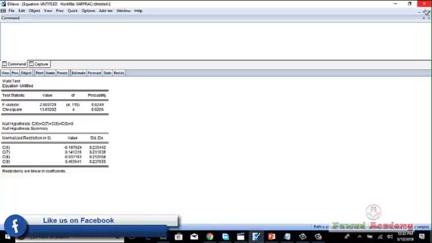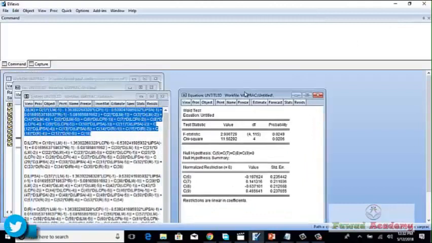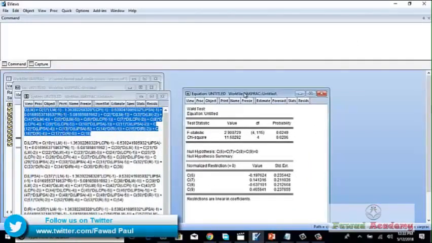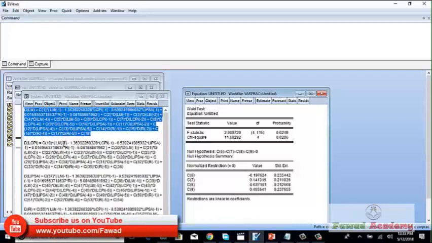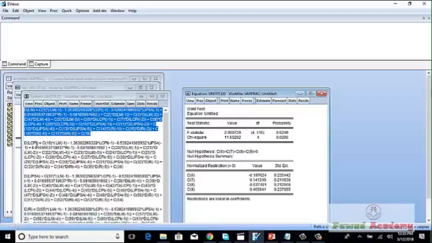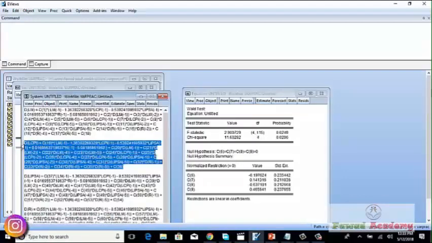The same you can find for the industrial production and for the interest rate. Moreover, you can also find the relationship between money supply and consumer price index for the long run and for the short run as well, because you have these equations.